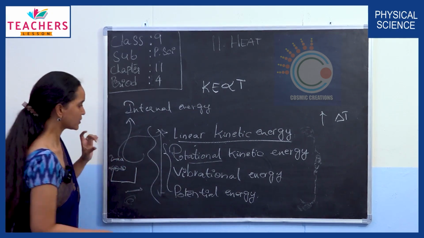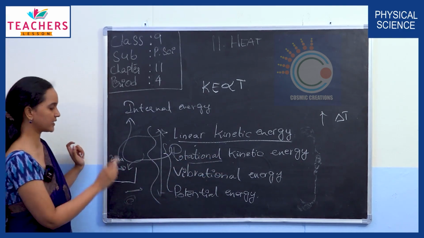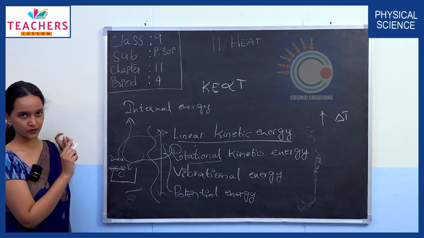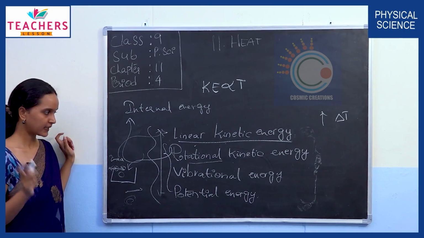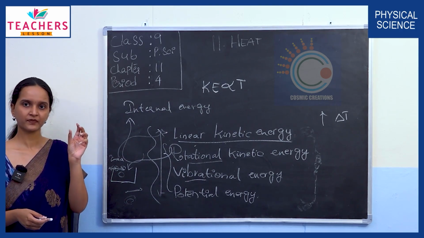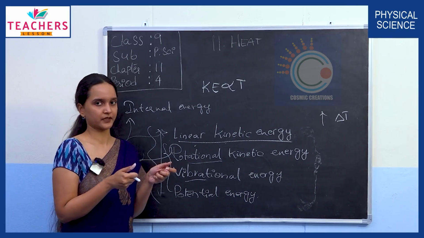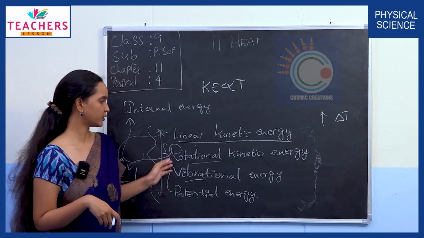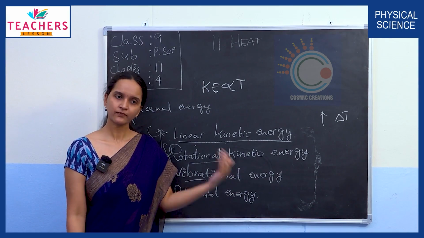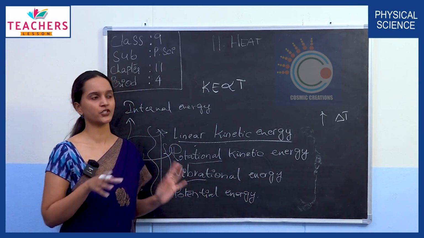When they are rotating, that energy is the rotational kinetic energy for the circular movement. And we have vibrational energy because molecules vibrate. And the marbles keep vibrating due to the movement in the box. Due to that, you get vibrational energy.